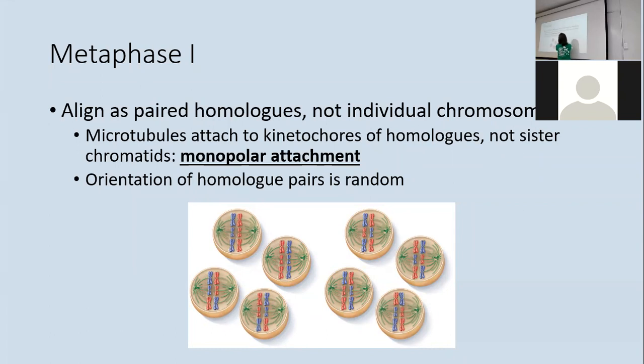Where in mitosis we attach them at both sides and pull them apart, bipolar attachment. Now this whole chromosome is just attached to this side. This whole chromosome is just attached to the other side. So we have monopolar attachment. Each entire chromosome is attached to either one side of the cell or the other. And so just like in mitosis, this is what's going to be pulled apart into our two separate cells.